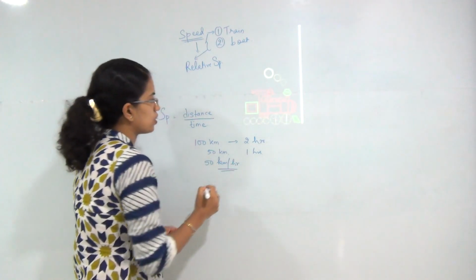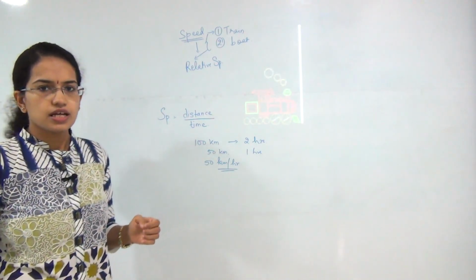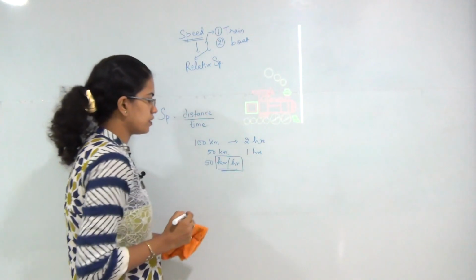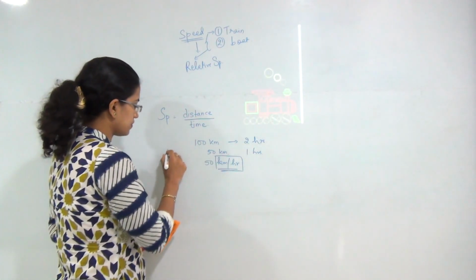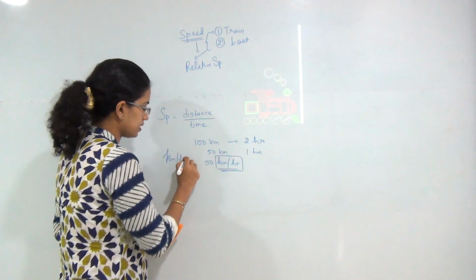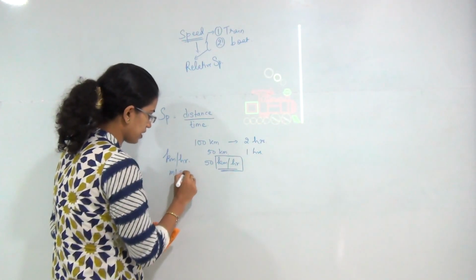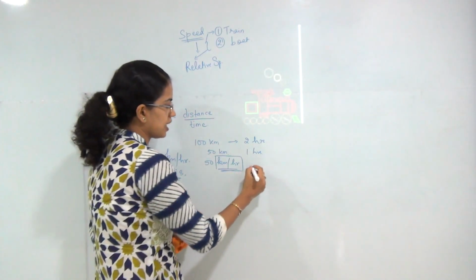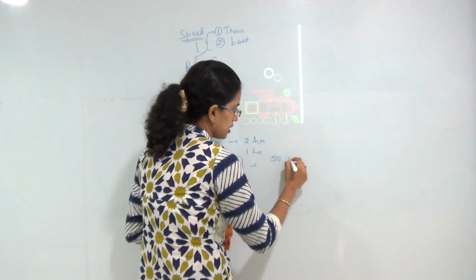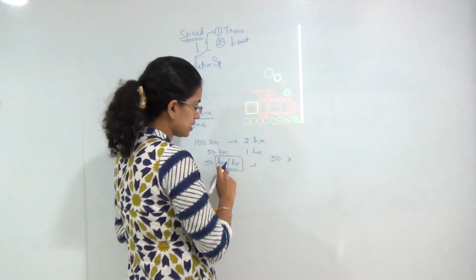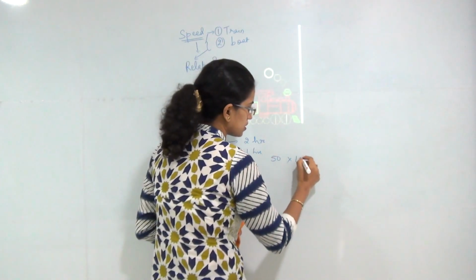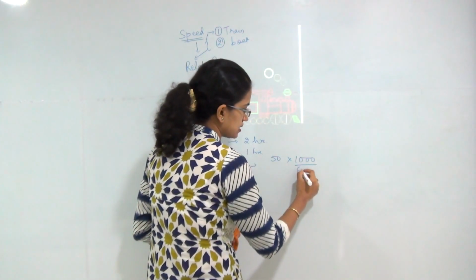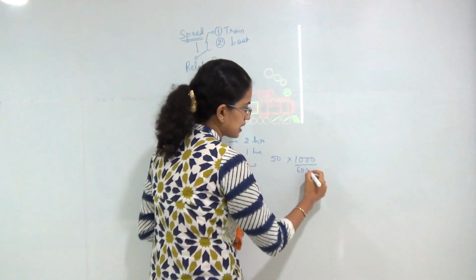Now whenever we are solving problems related to speed, it's very important that we pay attention to the units first of all. So the most common units that we talk about are either kilometer per hour or meter per second. If I try to convert this unit of kilometer per hour into meter per second, I can say it's 50 into, if I convert kilometers into meters, it would be 1000, and hour into minutes, that's 60, and minutes into seconds, that's again 60.